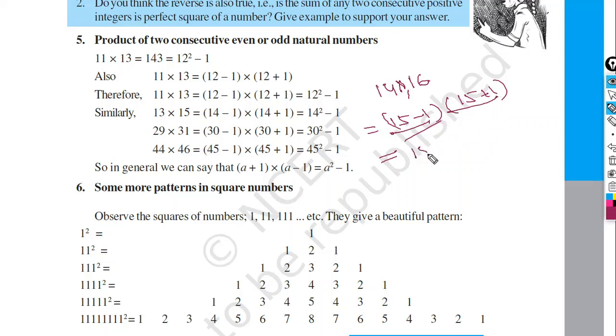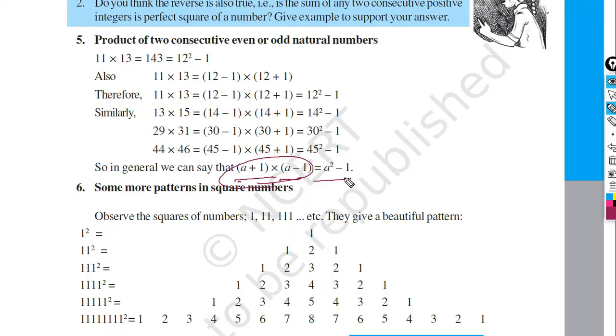That means 15 square minus 1. Okay. So this is the pattern. And this is the formula: a plus b into a minus b equals a square minus b square.